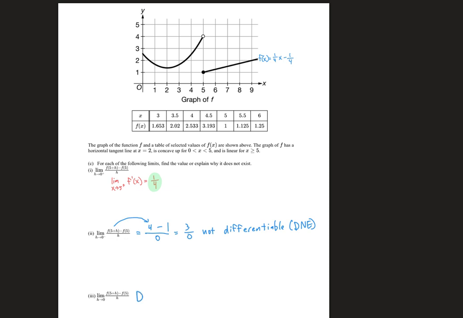So this is definitely D and E. You could either say because the limits don't match, or it's really because the limit from one side doesn't exist. Okay, that should be from the left. Sorry. Okay, so that's it.